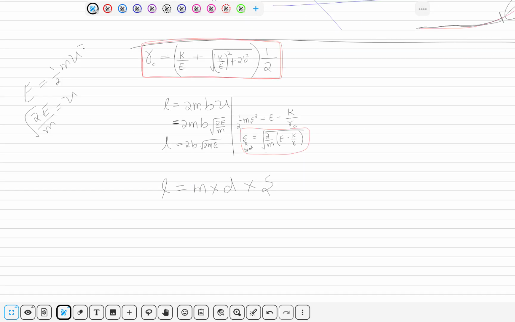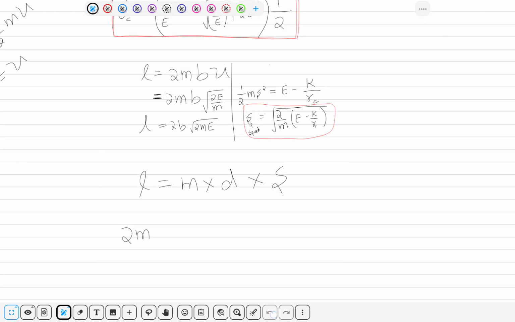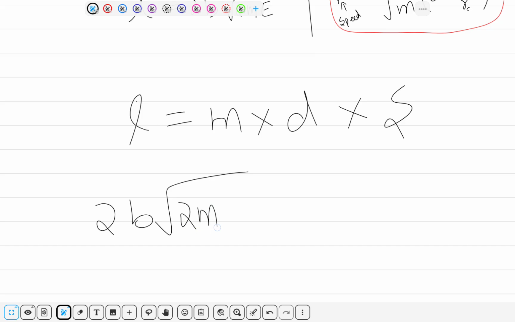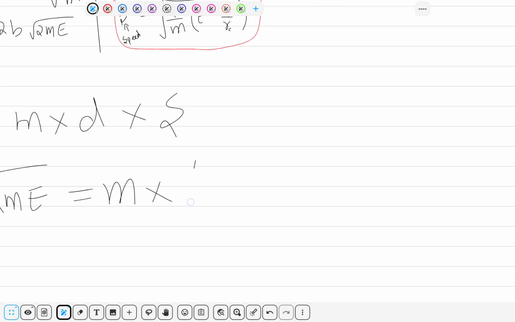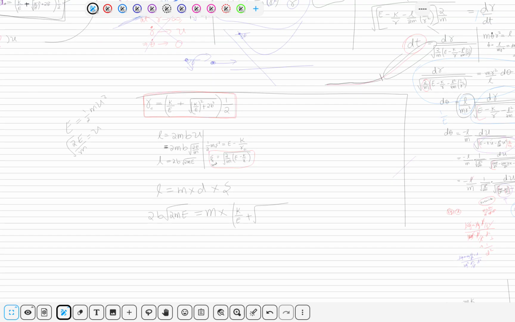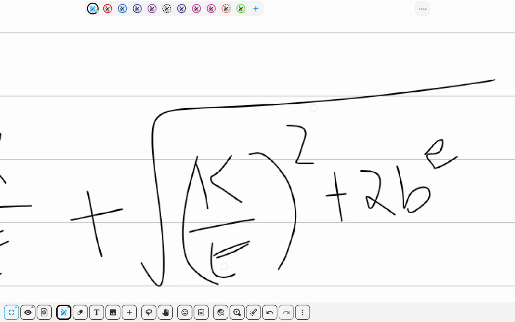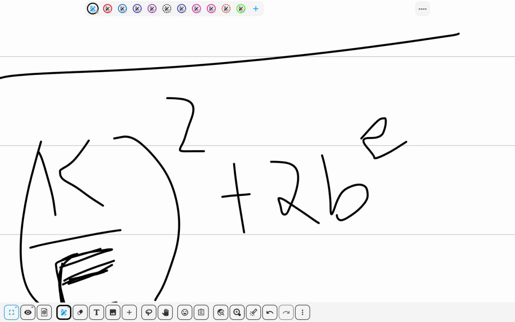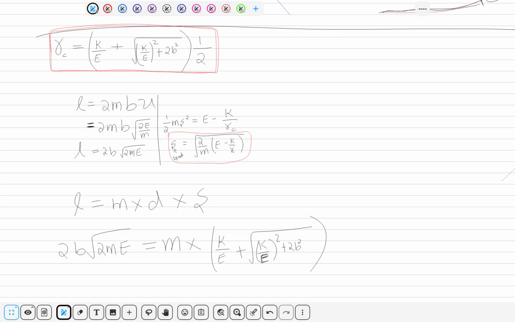So angular momentum I know is 2 m b u, so I will just write it like this: 2b square root of 2 m E. And I know that mass is known, distance of closest approach is known, something like this: K by E plus square root of K by E square plus 2V square, half of course.